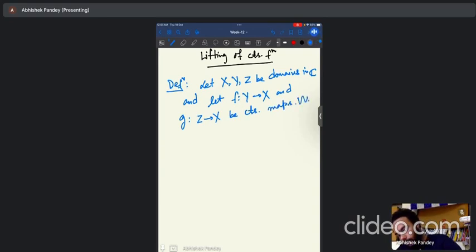Again, this definition is the same as the previous one, lifting of curves.